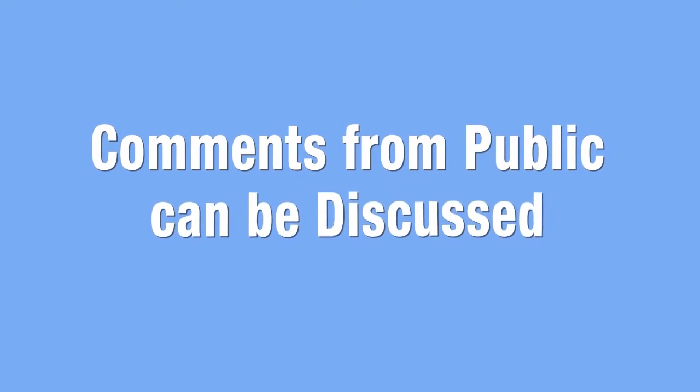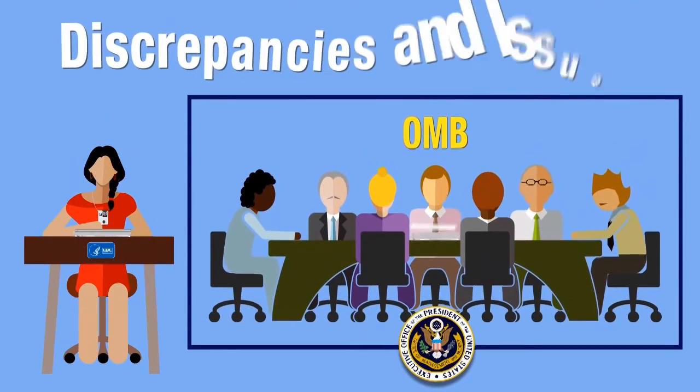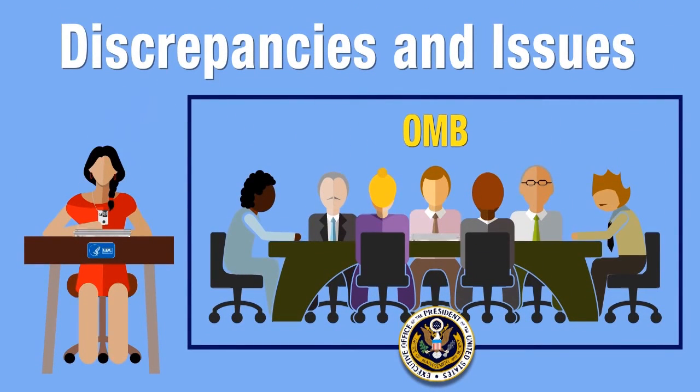Comments received from the public during this review period can also be discussed at this time. You and other CDC program staff may be involved, if necessary, during this period, including being asked to provide answers to the OMB questions, revise documents, clarify discrepancies, or resolve issues with the information collection request package.